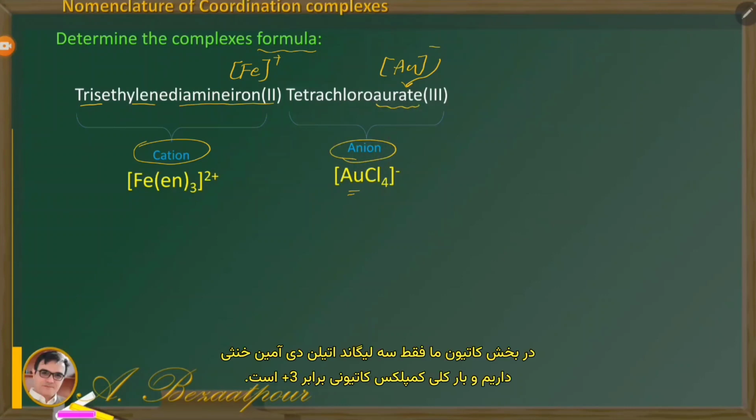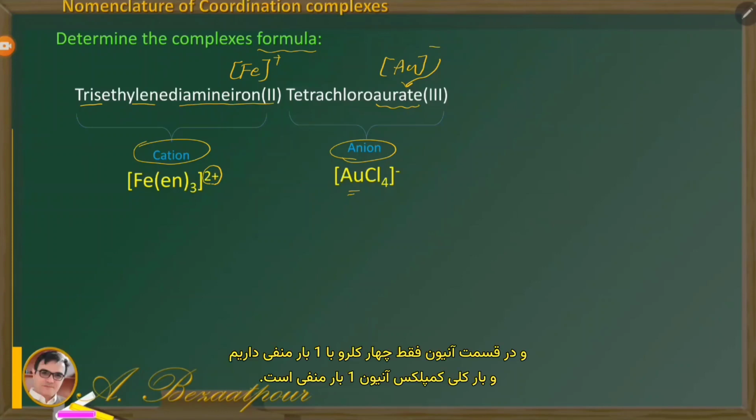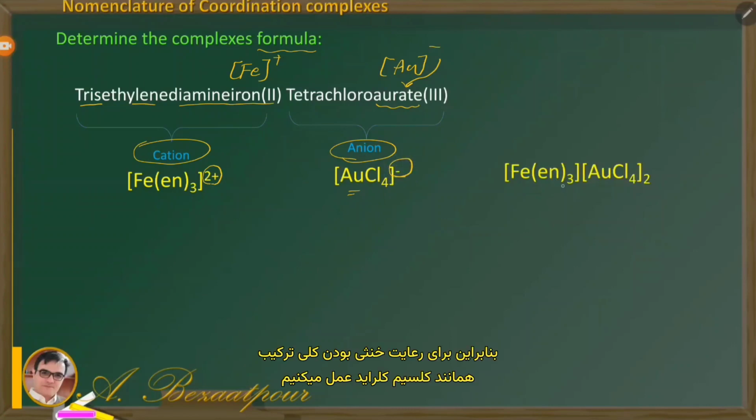In the cation part, we have just 3 neutral ethylenediamine ligands, and then the overall charge of the cation complex is 2 plus. In the anion part, we have just 4 chloro with 1 negative charge, and the overall charge of the anion complex is 1 negative charge. Therefore, to observe the neutrality of the whole compound, we can act like calcium chloride.